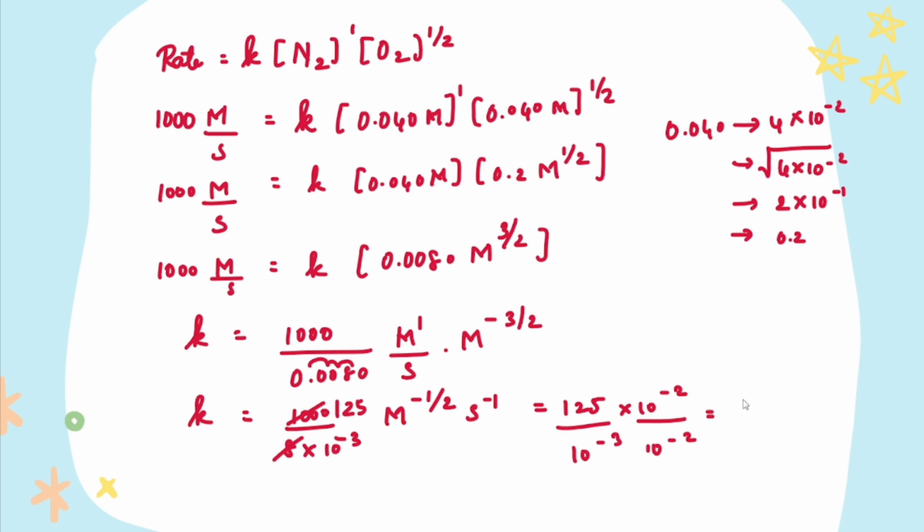I will get 1.25 by 10 to the power of minus 5, because minus 3 into minus 2 we will get minus 5, right? So when we take this thing up, it will be 1.25 into 10 to the power of 5 molarity to the power minus 1 by 2 second inverse. So this will be the rate constant for this reaction.